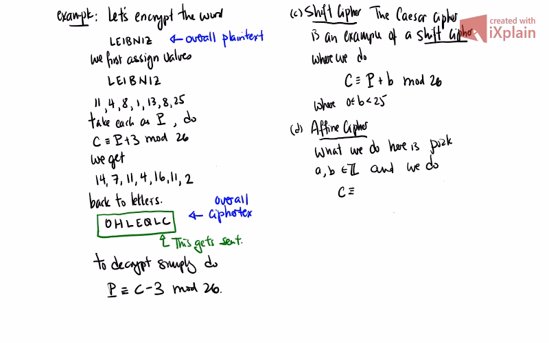We have to make some modifications of this, and you'll see why. So we multiply P by A and then add B mod 26. Now B being 0 may be reasonable because the A may mess it up enough, right? And so clearly we can use 26 choices for B again, like meaningful differences, 0 through 25.